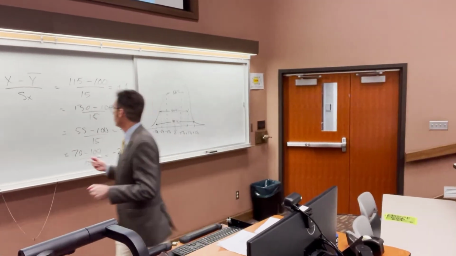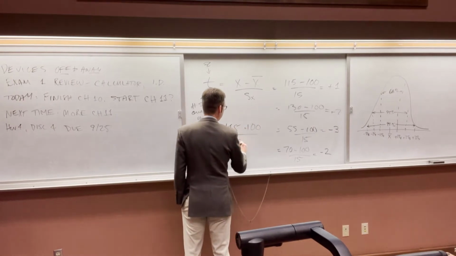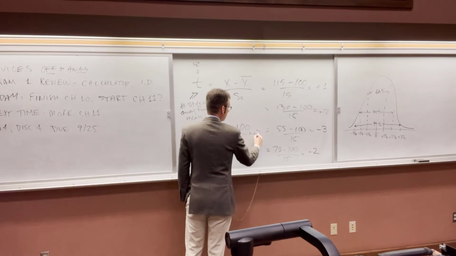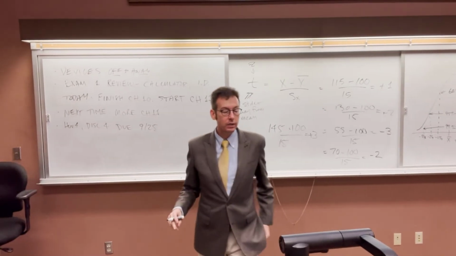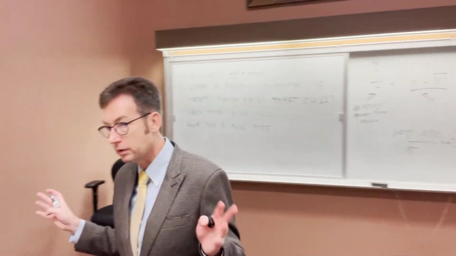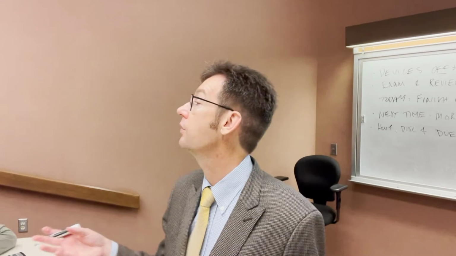Well, we know that 145 minus 100 divided by 15 is equal to what? 3. Yeah, plus 3. Okay, so we know that we are out here plus 3. What percentage of people are between minus 3 and plus 3? 99.74%.